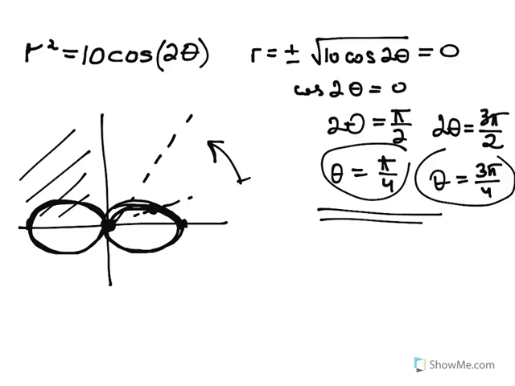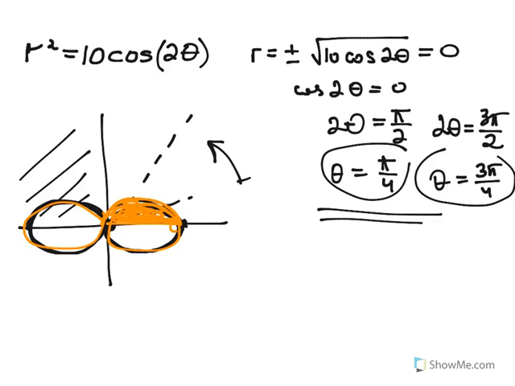Now, I noticed this is a perfect symmetry here. This piece matches that piece. If you find the area of this little piece, you can multiply the result by 4 to get the total area.